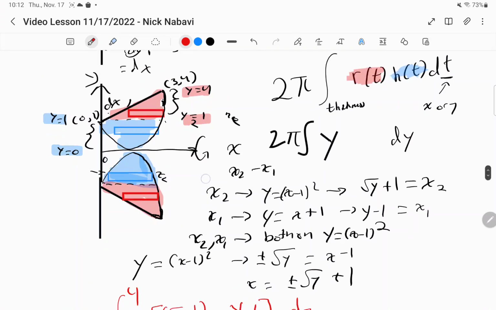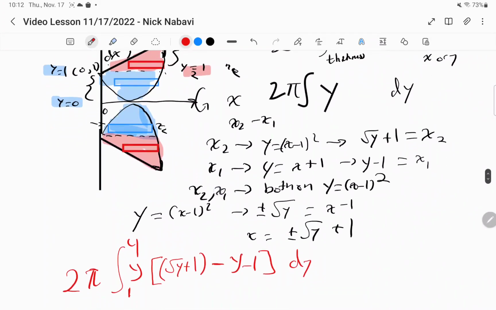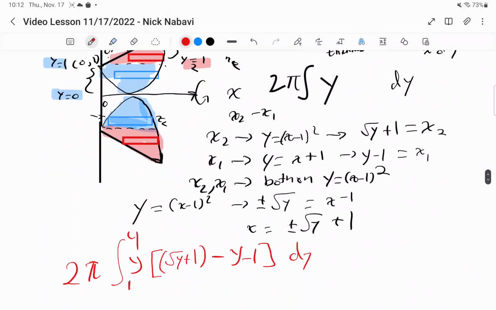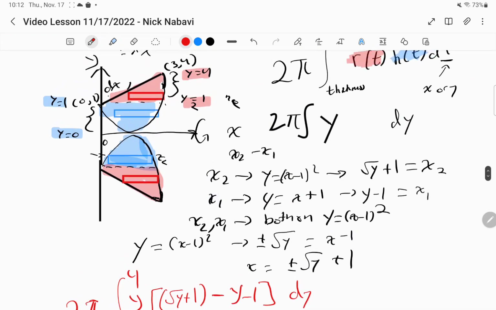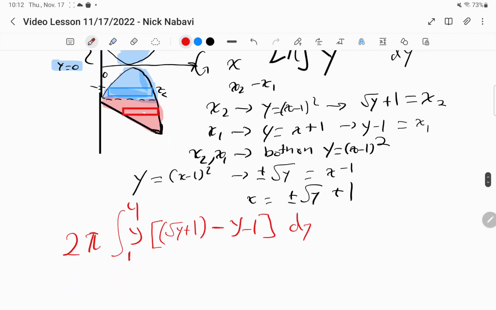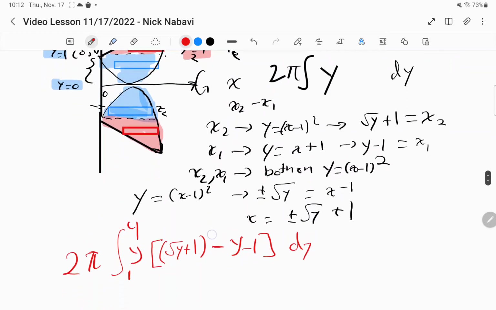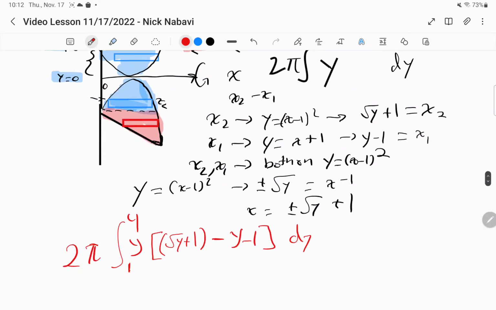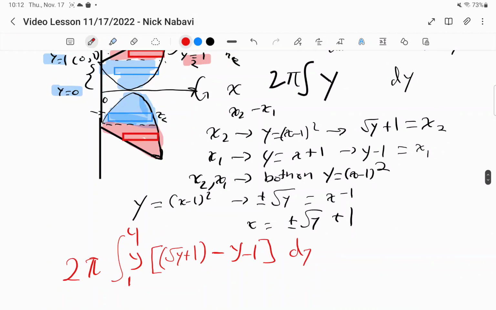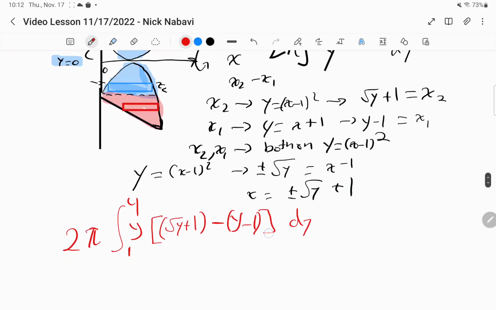It's just the parabola minus the line. In this case, we're taking the positive square root of y, because if you try to orient yourself and flip it around, the square root of y plus 1 is higher than y minus 1. And here's our first integral.